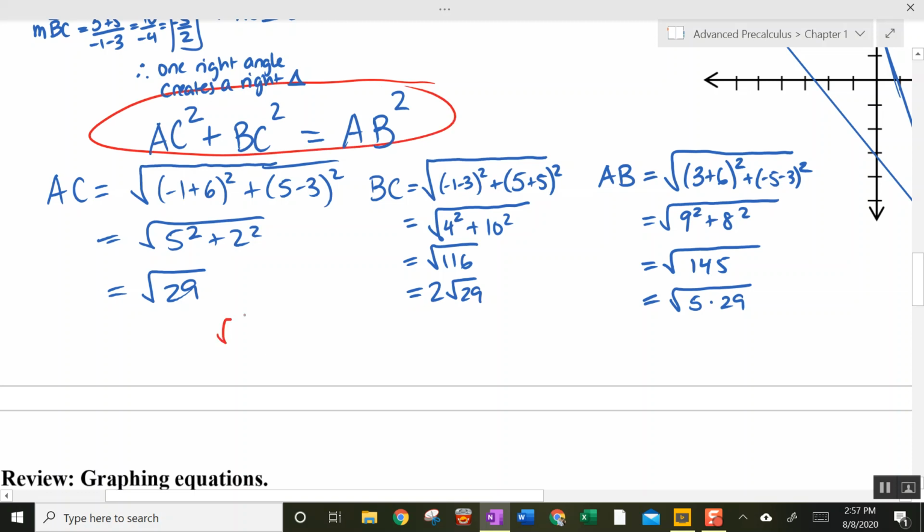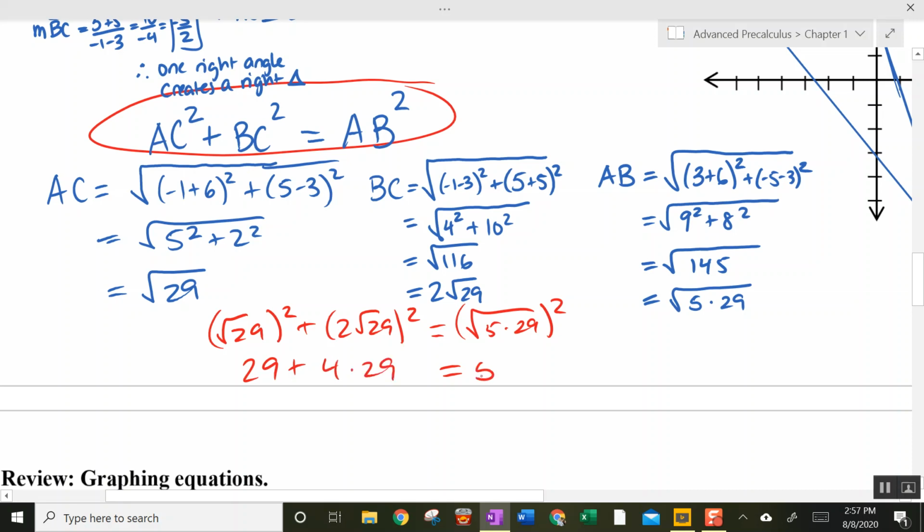So we'll say √29 quantity squared plus 2√29 quantity squared should be equal to the square root of 5 times 29 quantity squared. So we get 29, and square the 2, square the √29, so we wind up getting 4 times 29.